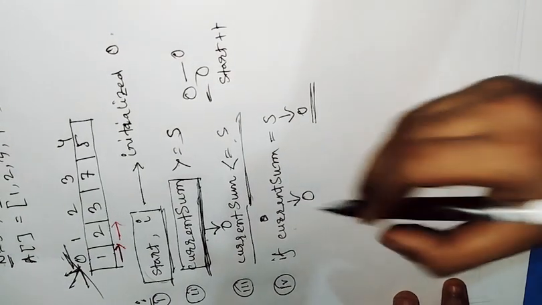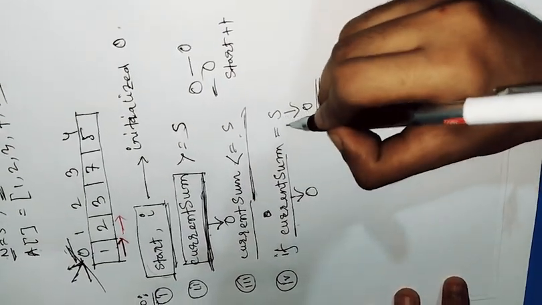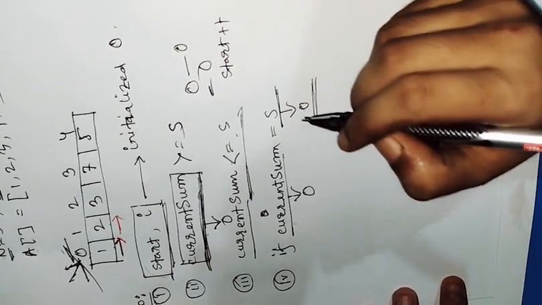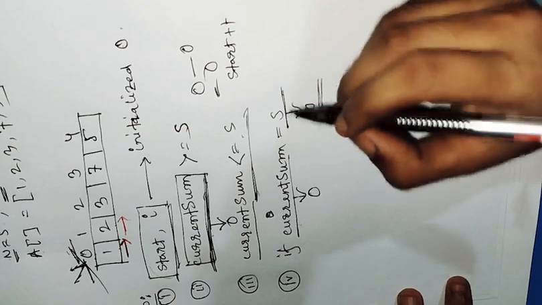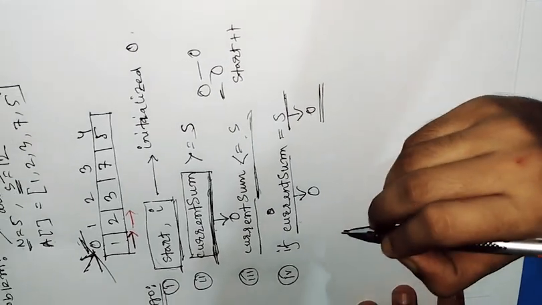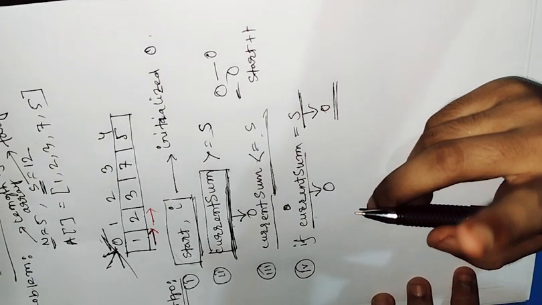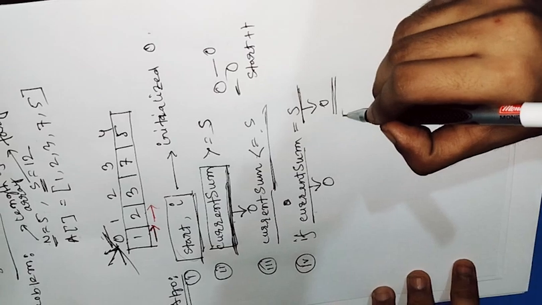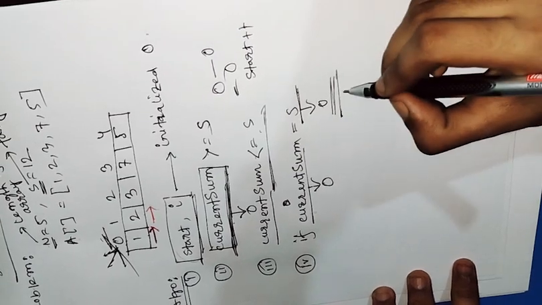Again I repeat these things. If the current sum is equal to targeted sum, that time the function returns the start and end indices of the subarray whose sum is equal to targeted sum.